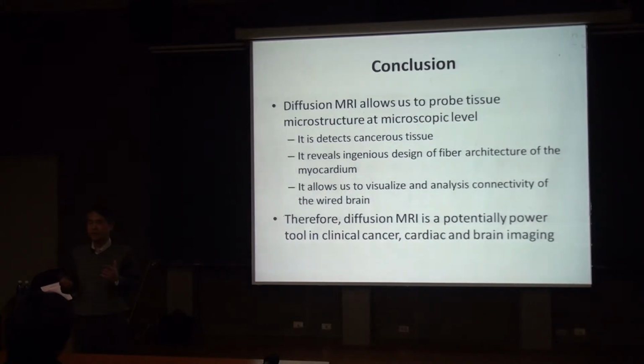For instance, in maybe around 95% of the right-handers, their language network is on the left side. But in the left-handers, maybe only 75 to 80%, their language network is on the left side. That means that there is some difference between handedness and the language network.